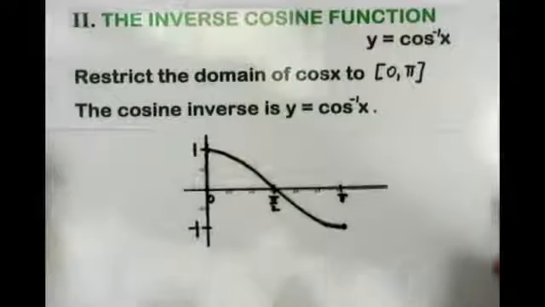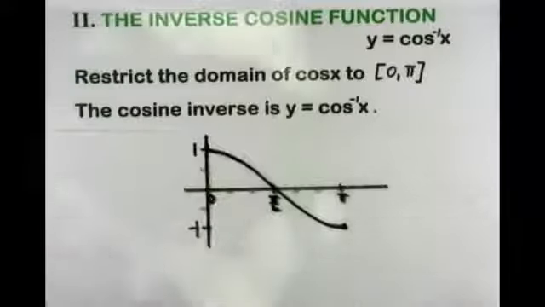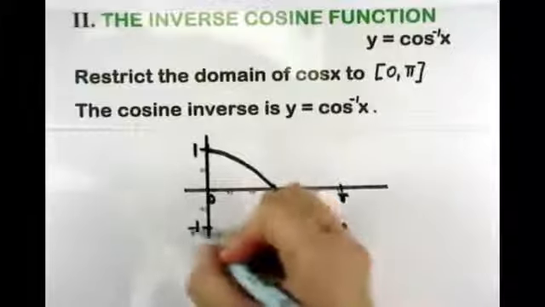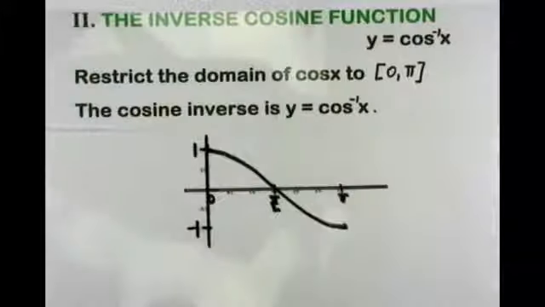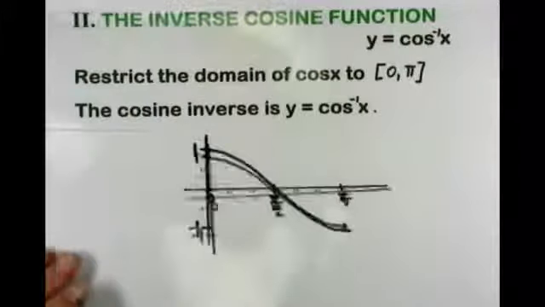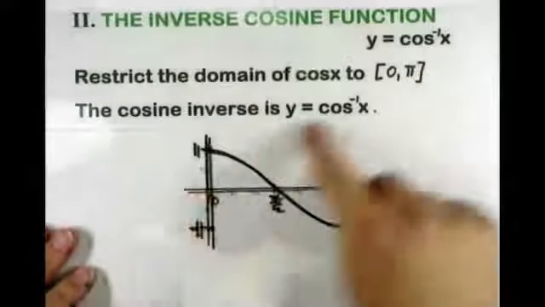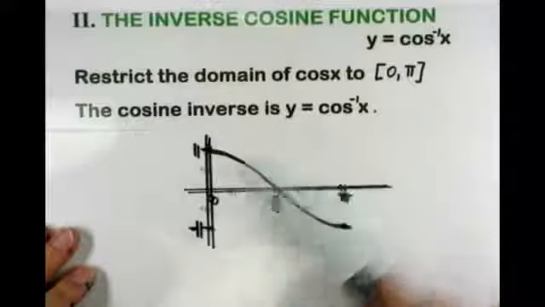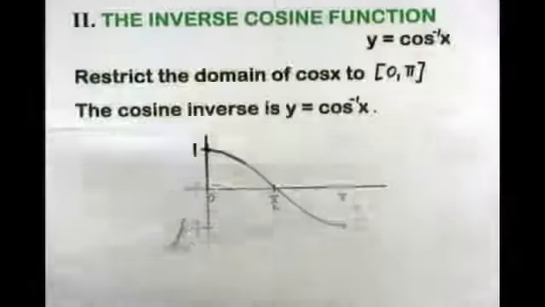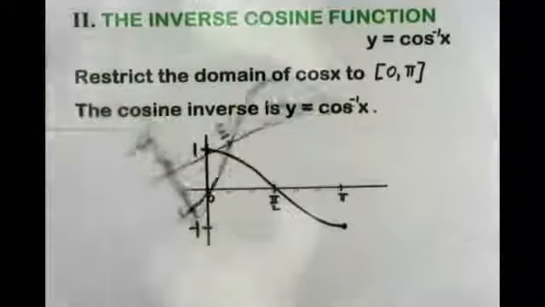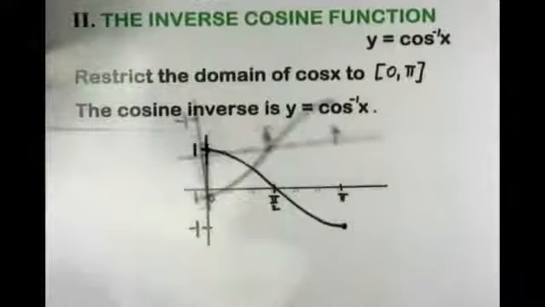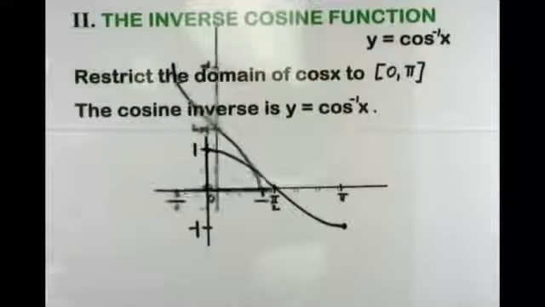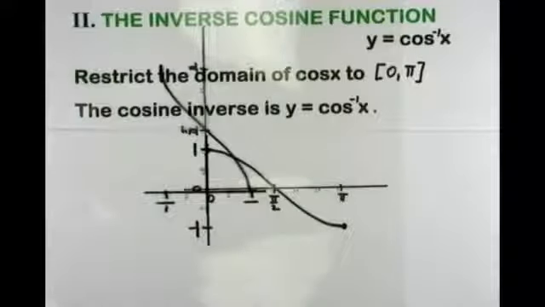And now I'm going to reflect it by the graph y is equal to x right here. So I need to flip it over and move it, because we are reflecting by the line.